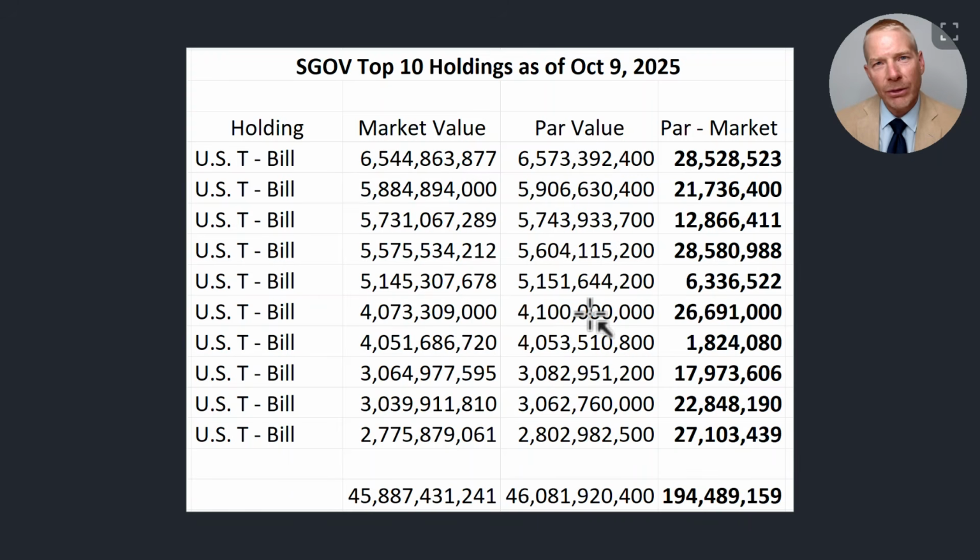The par value for the top 10 T-bills in SGOV is $46.08 billion. But the market value, which is what drives the share price, is only $45.8 billion.